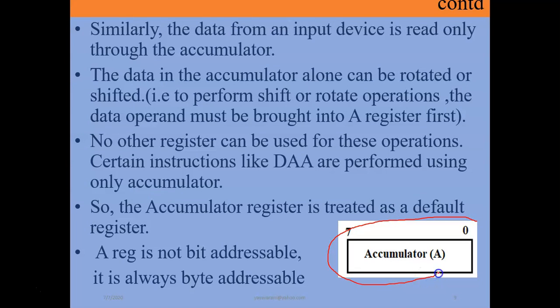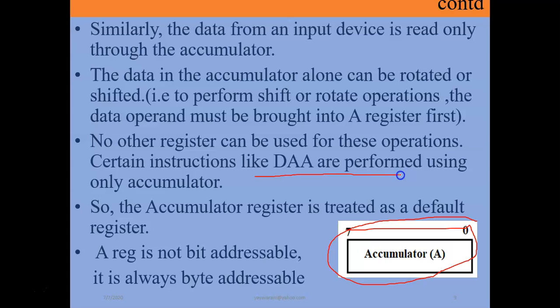It is an 8-bit register, D0 to D7. And I have given some more things in addition to what I have explained, shift operations, etc. There are also some interesting operations called DAA, decimal adjust after addition. This is also performed only on the accumulator.